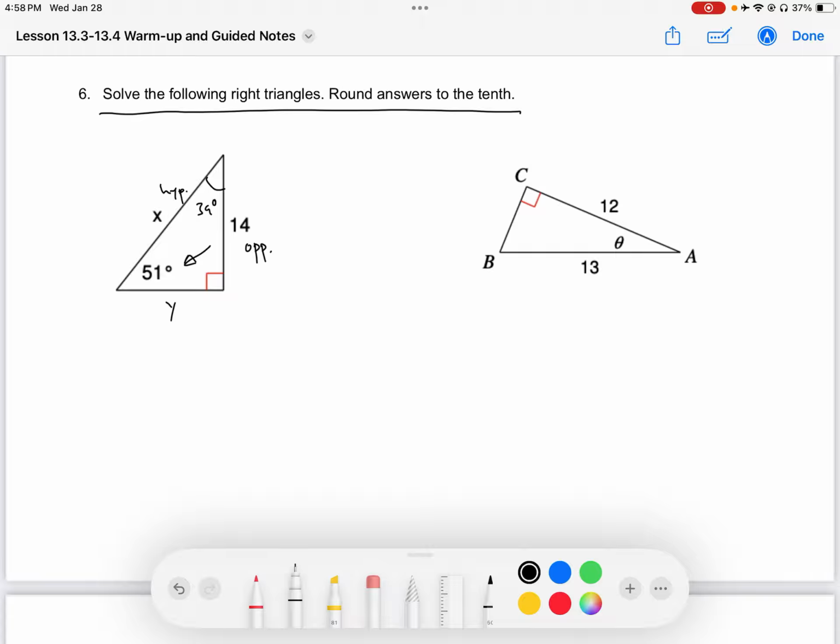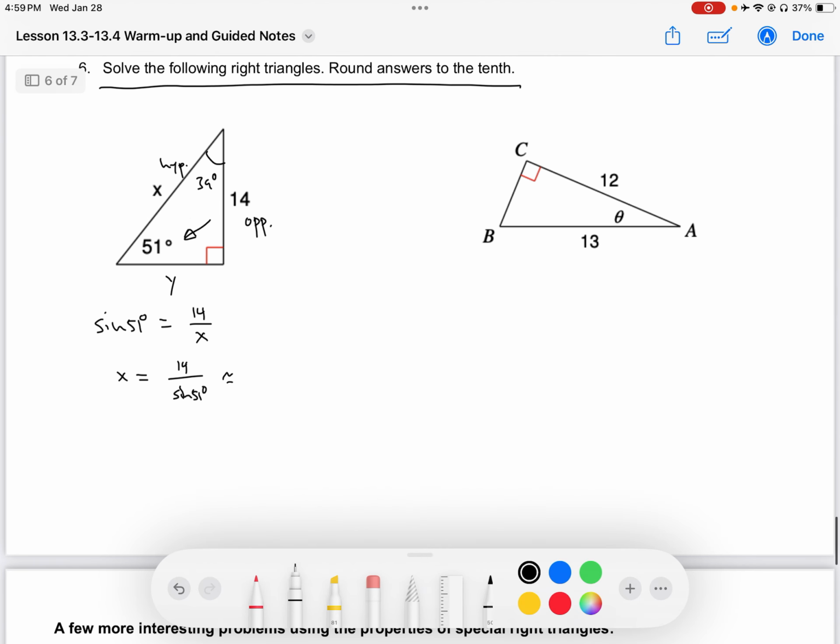So I could use sine. I could say sine of 51 degrees is equal to 14 divided by x. And then I could solve that equation for x. I think I would end up with x equals 14 divided by sine of 51 degrees. And I would let you get a decimal approximation for that.